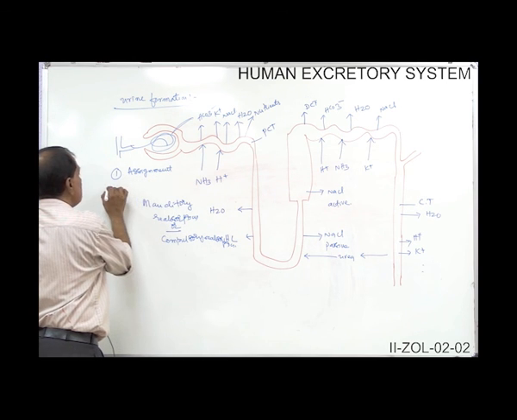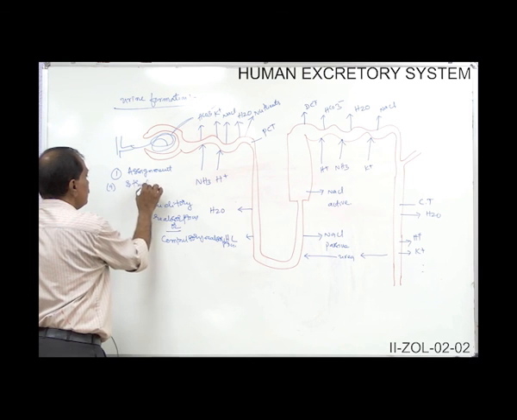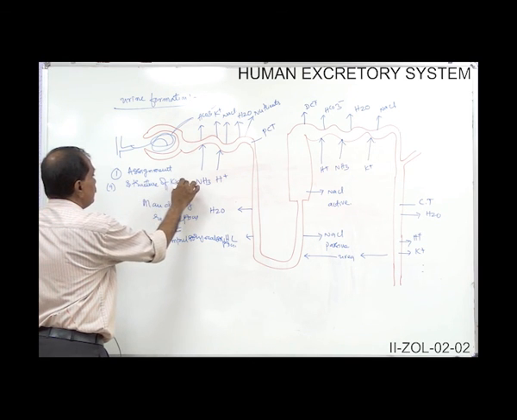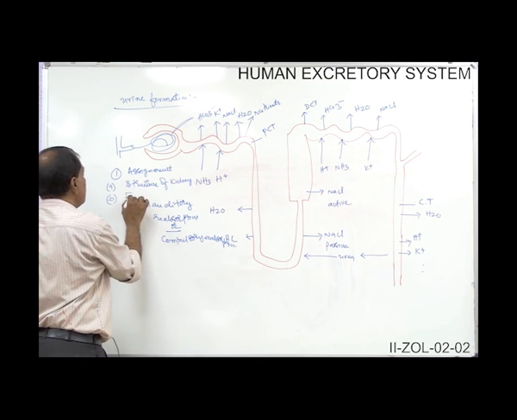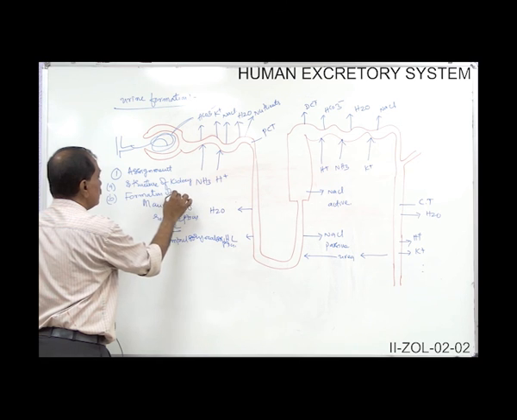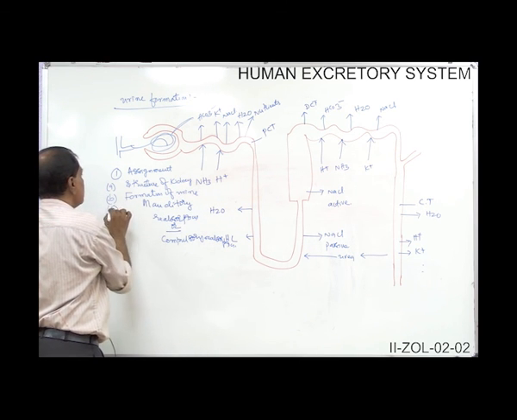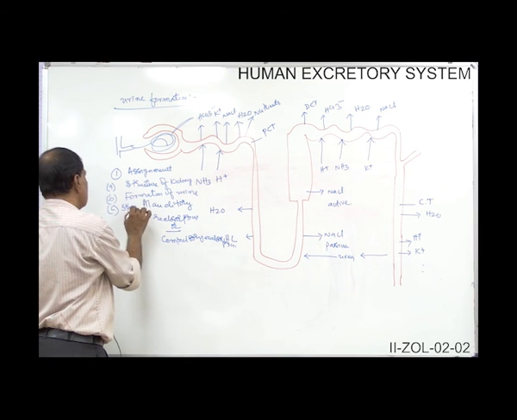The assignment consists of the first one, which is the structure of the kidney, the second assignment, which is the formation of urine, and the third assignment will be the structure of nephron.